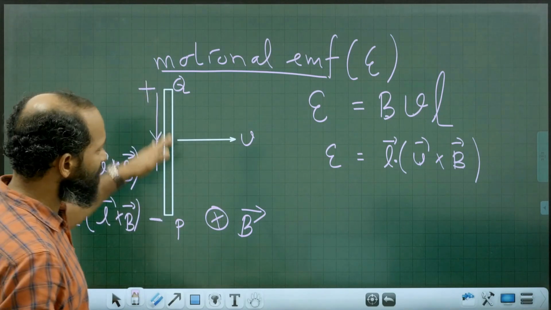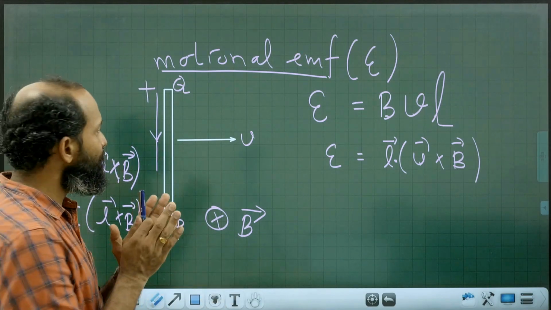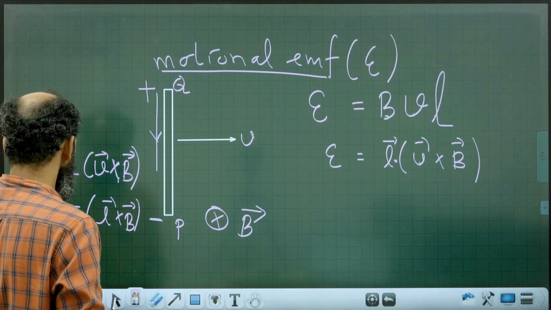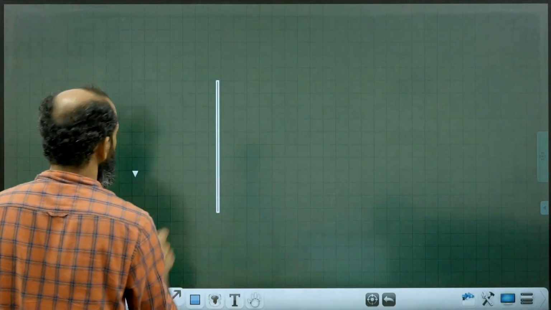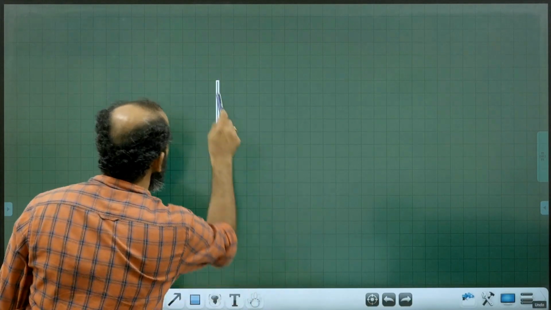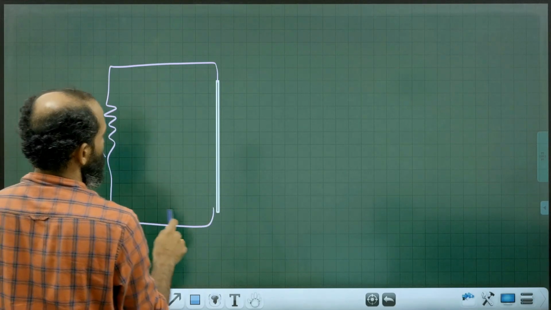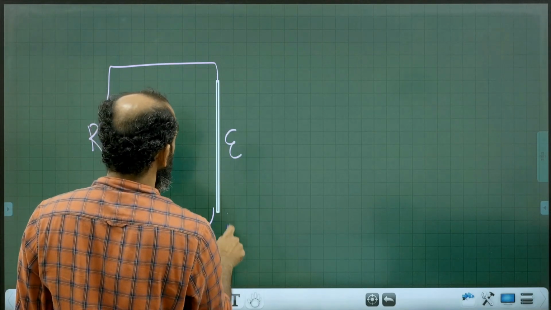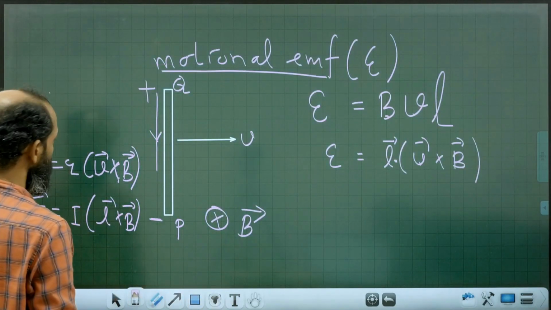This EMF does not produce any current here because the circuit is not complete. If you complete that circuit, I will draw here, like this, through an external load R. Then E stands for motional EMF, P and Q. P below, Q above.